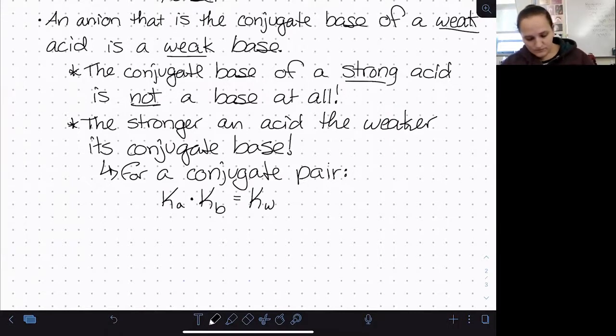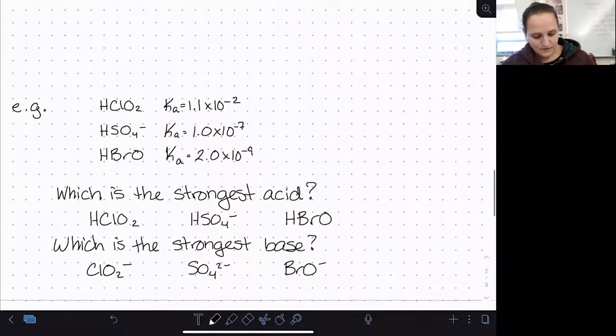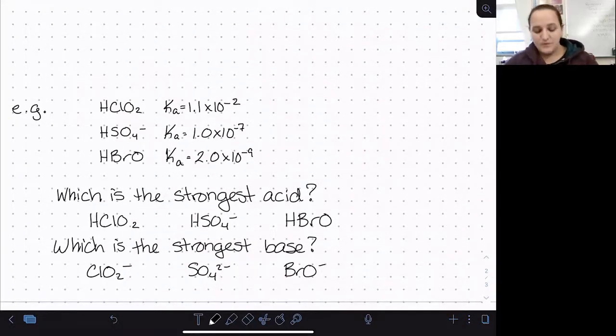For example, if we have these three acids with their Ka values, we can determine which is the strongest acid of those three and which is the strongest base of their conjugate bases, just from the information given. So why don't you pause here and try to do that on your own based on what we've discussed so far.